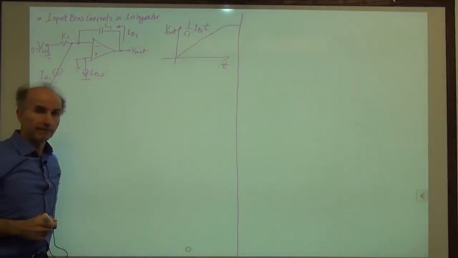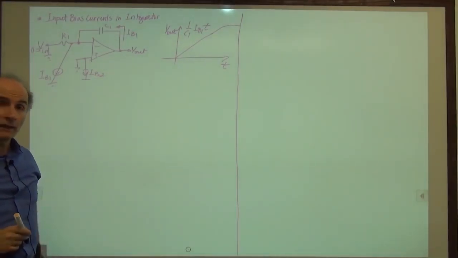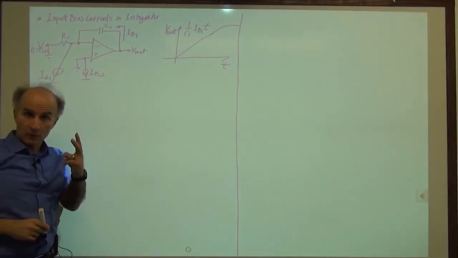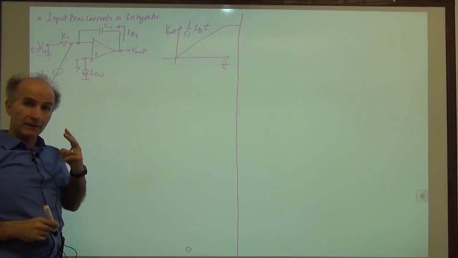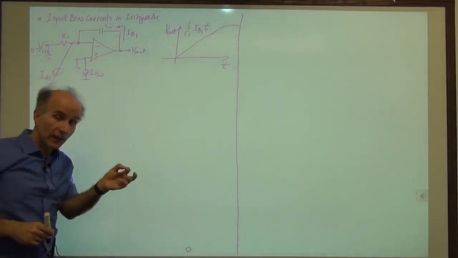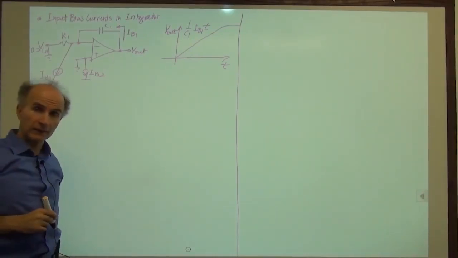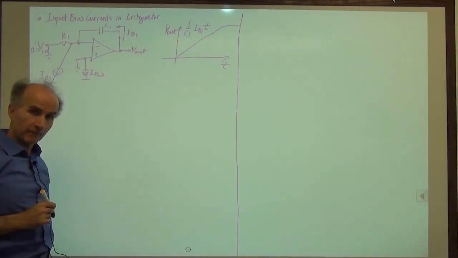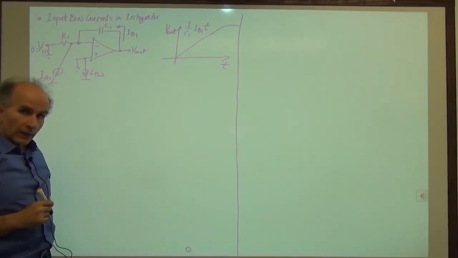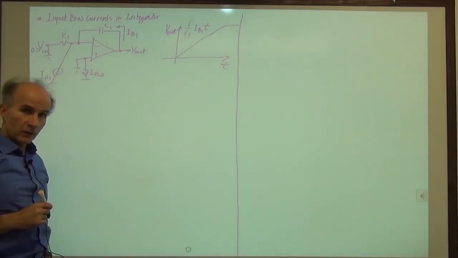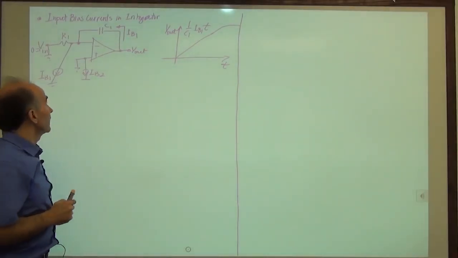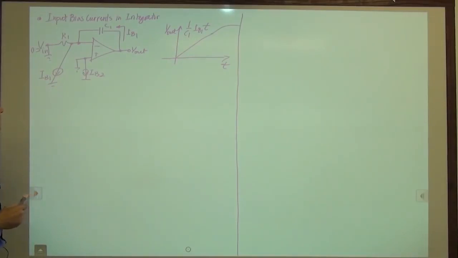Okay? All right, so the integrator fails for two reasons. One is integration of its DC offset voltage, and the other is the integration of its input bias current. Okay, so how do we alleviate this situation? Well, a partial remedy is this.